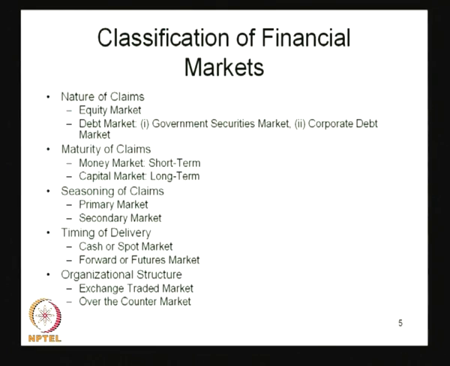In the first case, we classify the financial market on the basis of claims. What exactly do claims mean? It basically deals with the different characteristics and properties of the instruments which are available as various assets in the various markets.